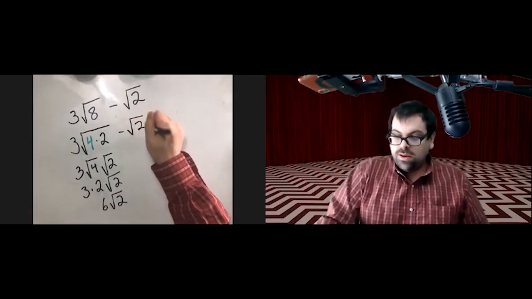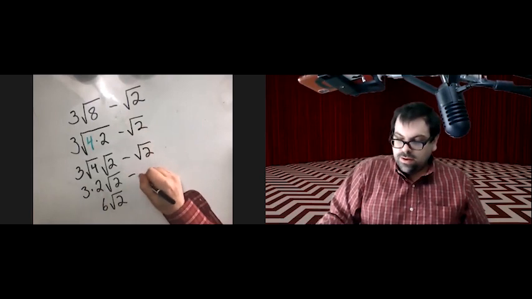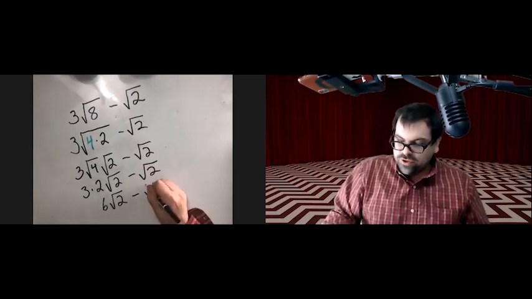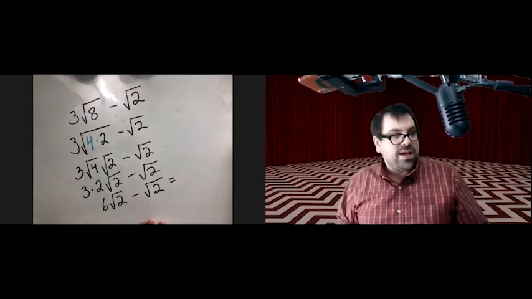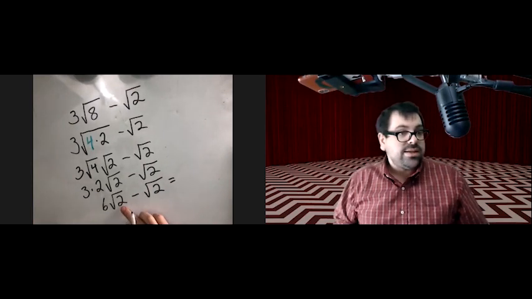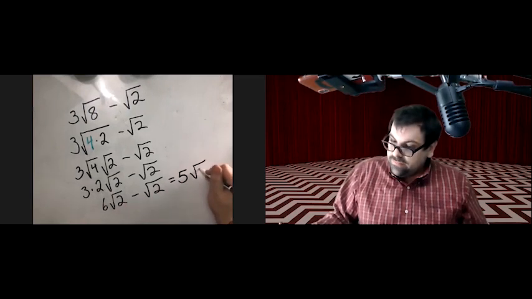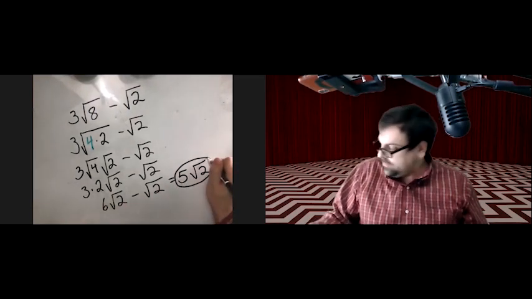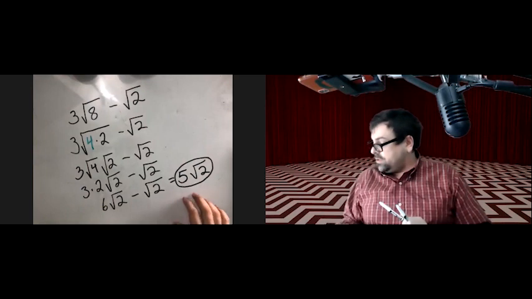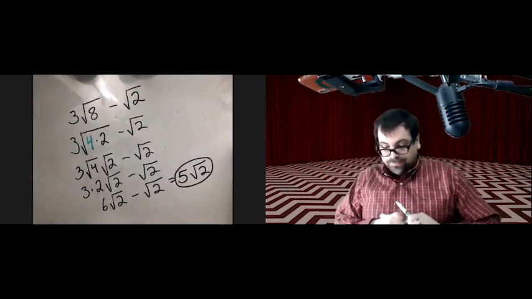Well, 6 radical 2 minus radical 2, that's something we absolutely can do. 6 of them minus 1 of them is 5 of them. So the answer is 5 radical 2.